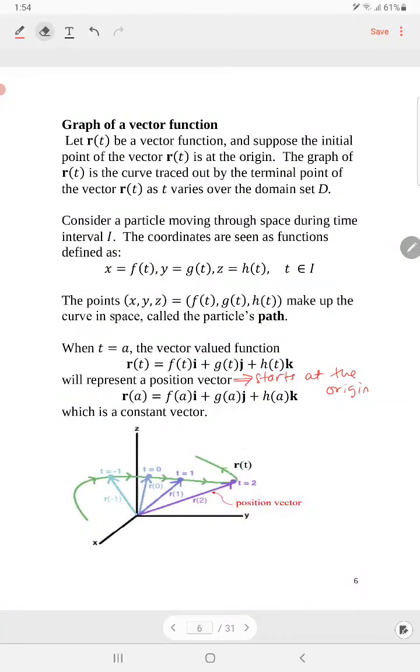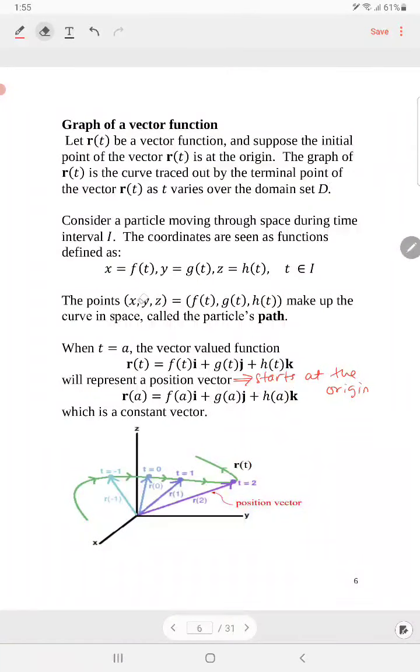Again, to sketch the graph of a vector function, what you need are a few position vectors, which you get when you replace t with a value. When you sketch a few position vectors and connect all the endpoints, you get the curve for the vector function r of t.